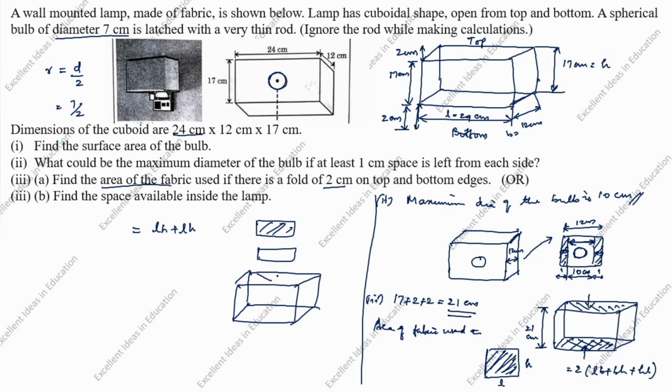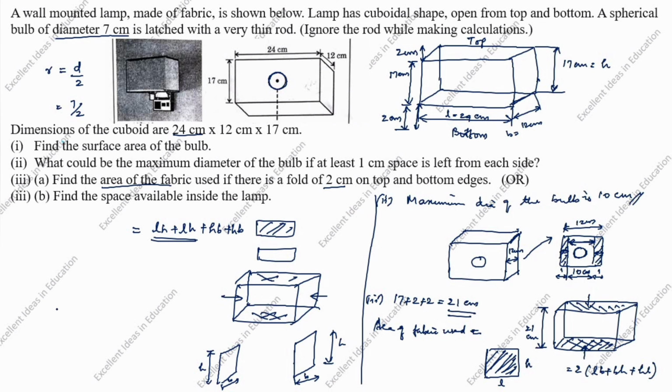Top and bottom, don't take this portion. Side, this side and this side. So both sides I will draw the drawing here. So this is breadth, this is height. This side also, this is breadth, this is height. HB plus HB.